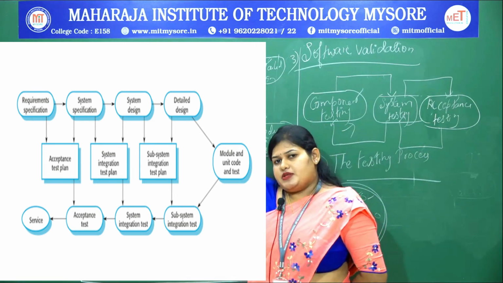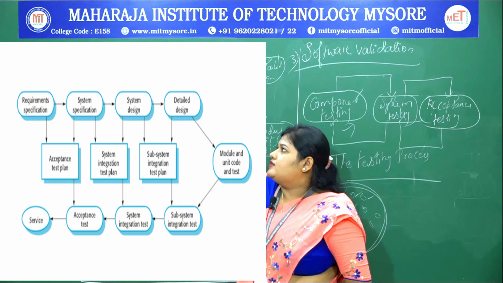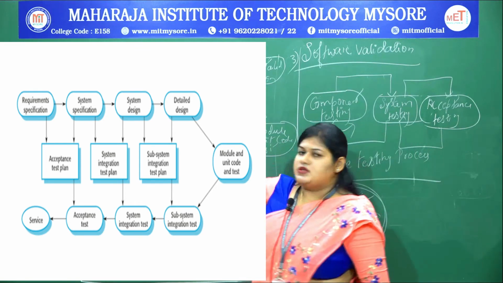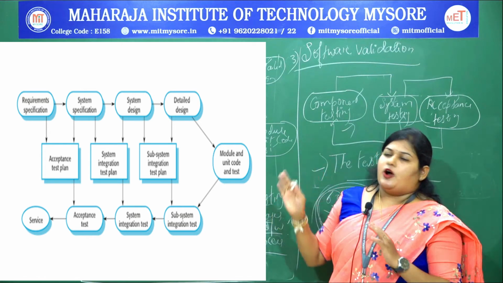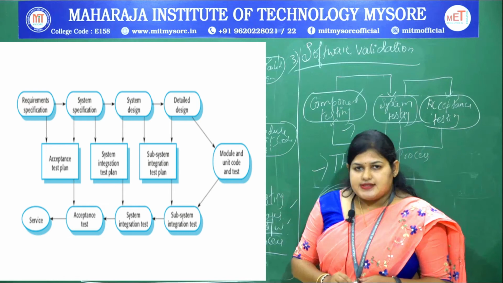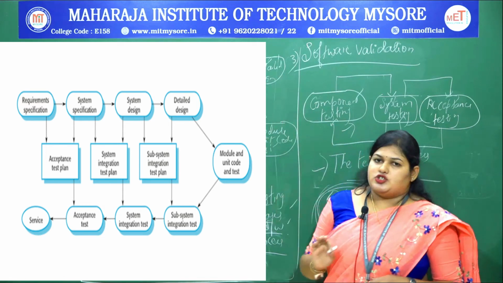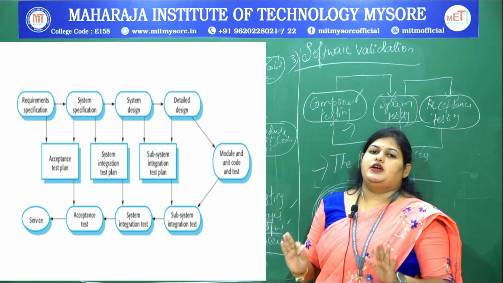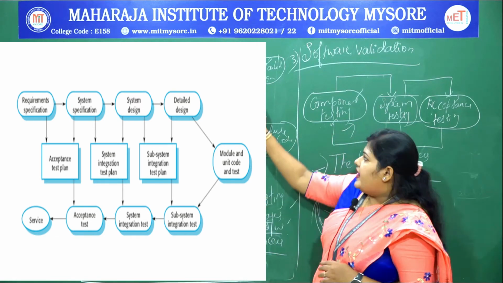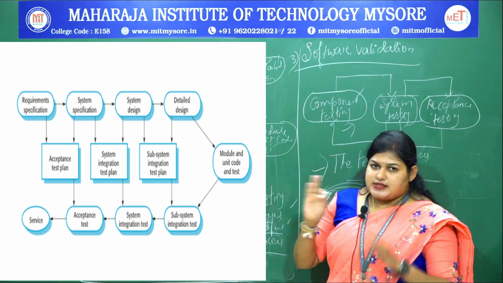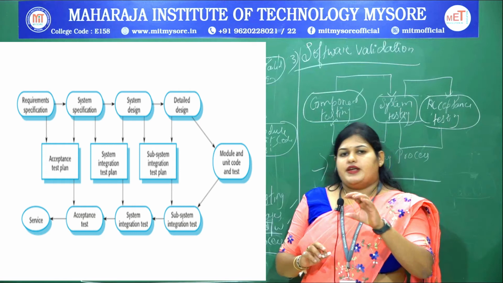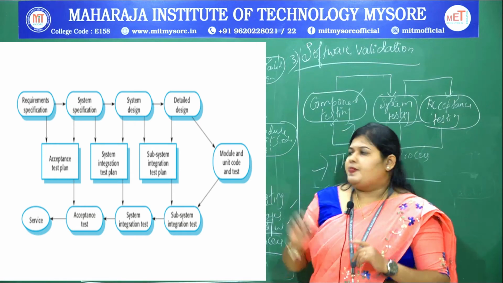Once the requirement specification is taken, the next step is to give the system specification, and on integrating it, we will start designing the system. In continuation, the detailed design of the required architectural design will be done. After that, it will be converted to the module or unit code test. As I said, that is the component, fine.